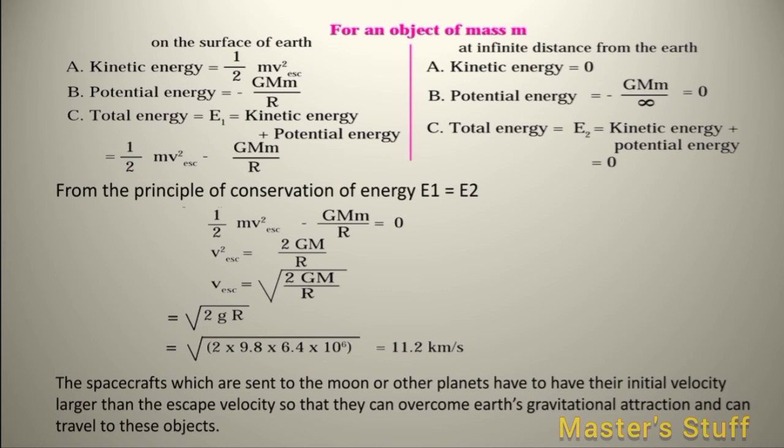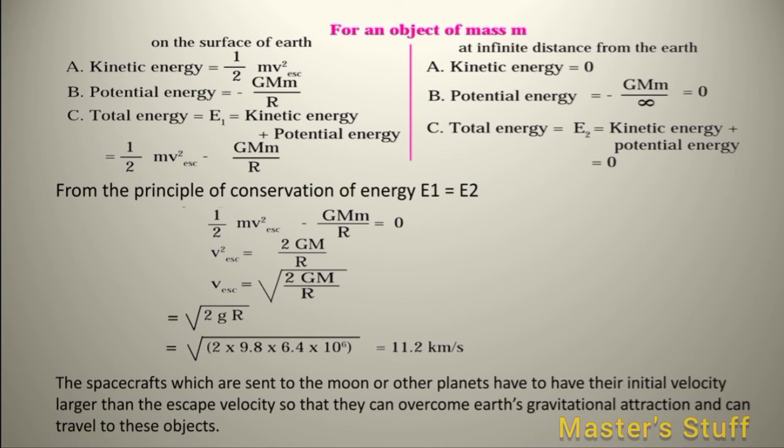Thus, escape velocity equal to square root of 2GM upon r. But we know GM upon r square equal to small g.